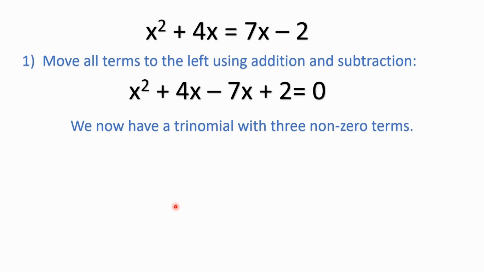We want to set this up with non-zero terms on the left side, which basically means if you subtract 7x and add 2 to both sides of the equation, that's going to zero out the right side, but you're going to have x squared plus 4x minus 7x plus 2 equals 0. All right, so it's starting to set itself up. It's looking like a quadratic equation here.